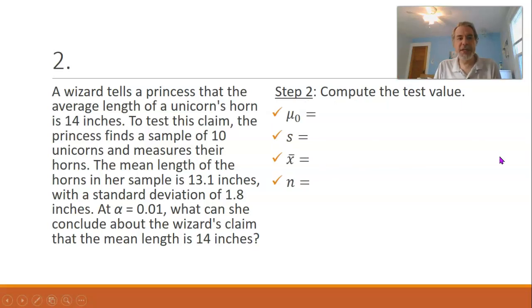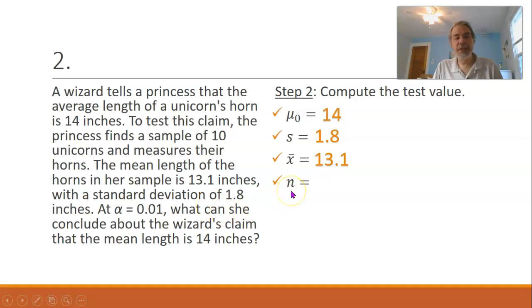Step 2, compute the test value. So the number in the hypotheses is 14. That's what we're comparing mu to. That's what the wizard says that mu is. S, the standard deviation of the sample, is 1.8. X bar, the sample mean, so that would be the average length of the unicorns in the sample, is 13.1.